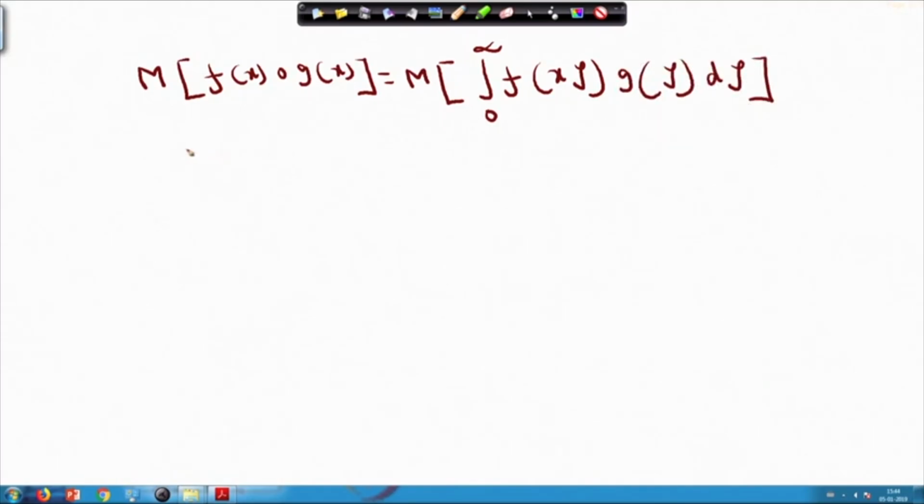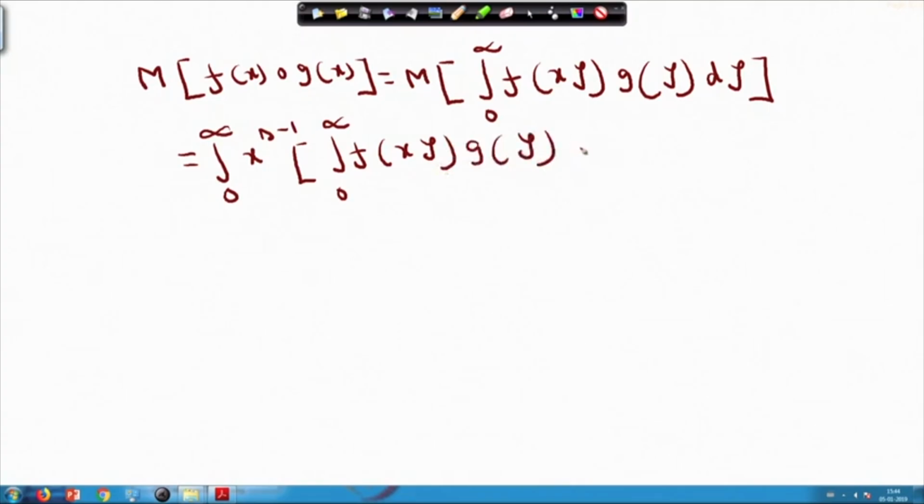Again, as usual, from the definition of Mellin transform, this equals the integral from 0 to infinity of x to the power s minus 1, times the integral from 0 to infinity of f(x eta) g(eta) d eta, and dx will come here. Now if you put x eta equals v, here you substitute x eta equals v, whereas in the other case the substitution was x by eta equals v.